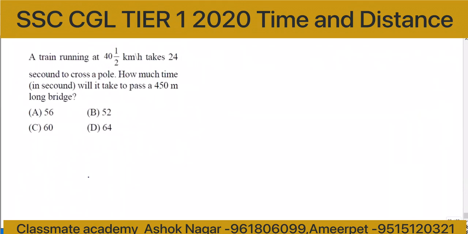A train running at 40 1/2 km per hour takes 24 seconds to cross a pole. Okay. Now tell me, what is the speed? 40 1/2 kilometers per hour. And what is the length of the train? Can I say it is 81/2? First, how do I convert it into meter per second? 5/18.